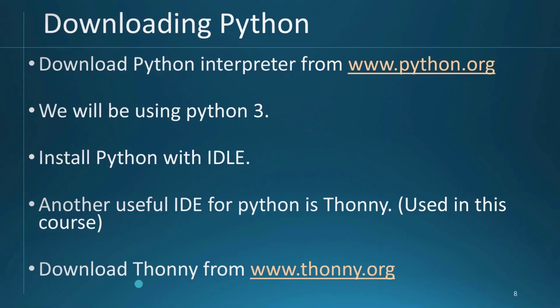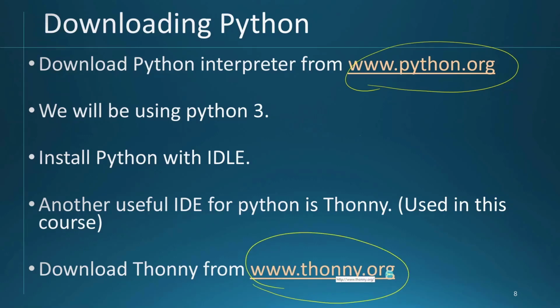Now that we are convinced Python is a great programming language with all these advantages, it is a good time to download Python. In this slide, I give you two options to download Python. You can either download Python from www.python.org, or you can download the Thonny IDE from thonny.org and Python will automatically be installed along with it. In this course, we will be using Thonny IDE.